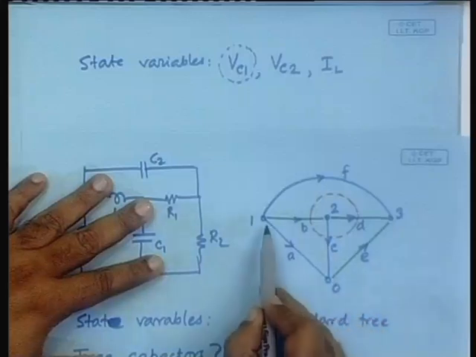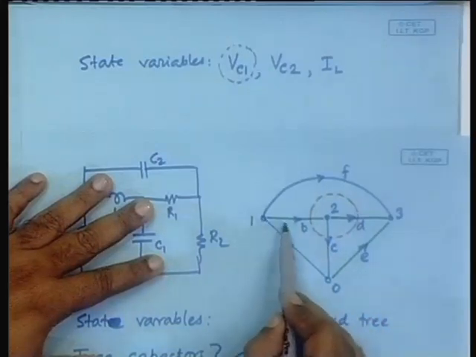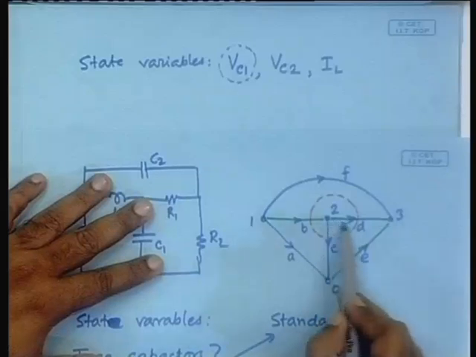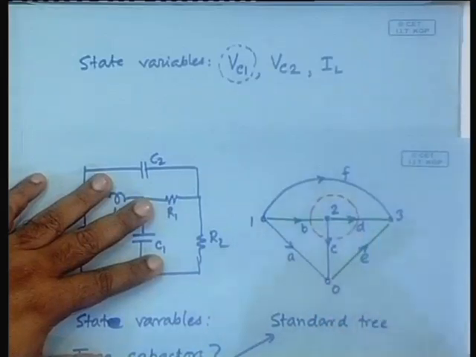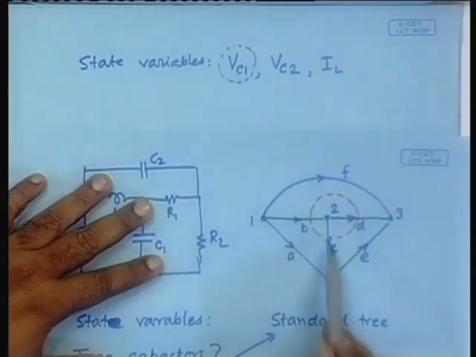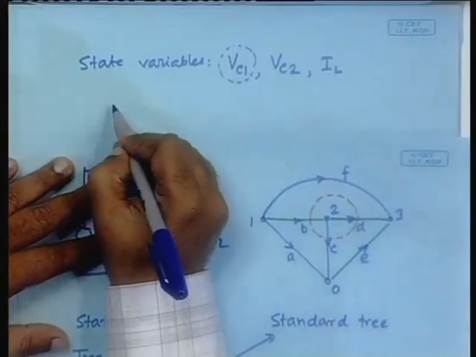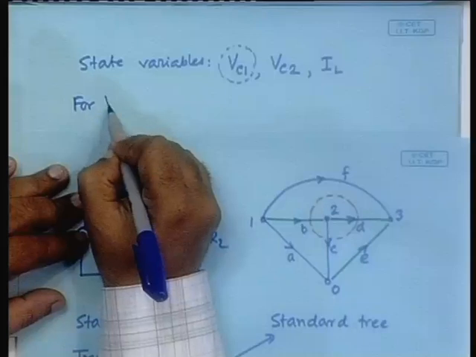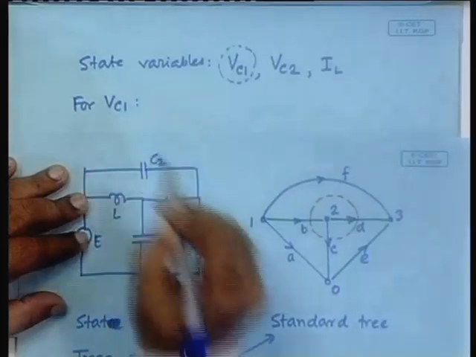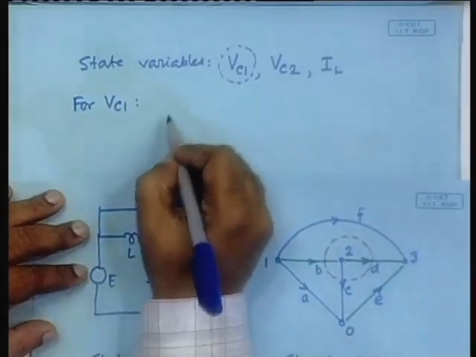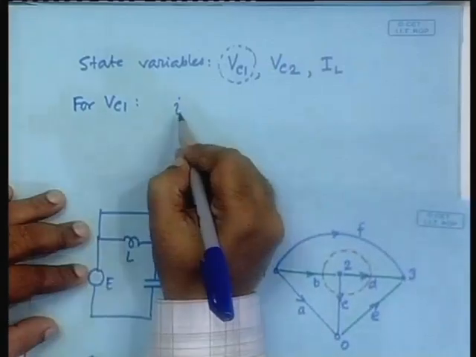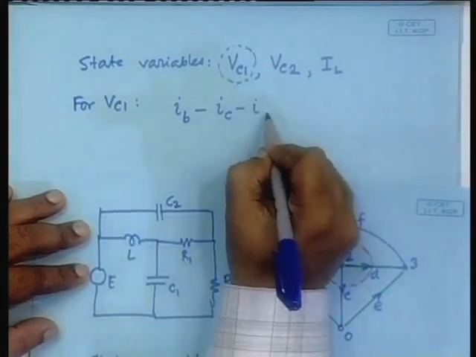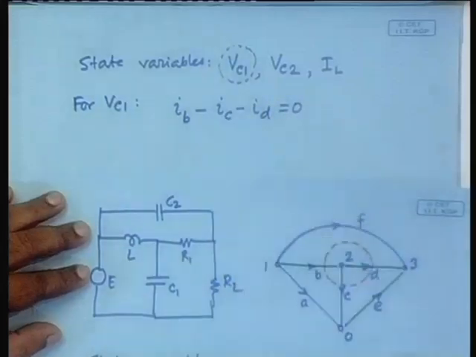It is, notice the arrows, IB minus IC minus ID equal to 0, right. Notice plus minus minus. So for VC1 we are writing IB minus IC minus ID is equal to 0.